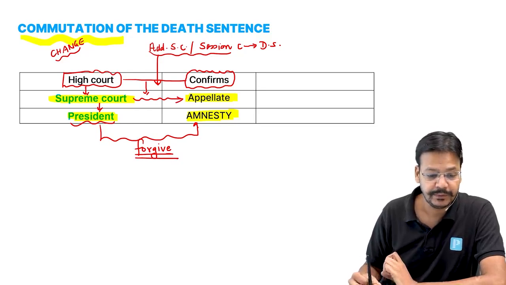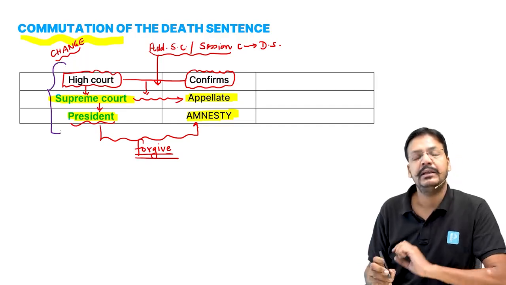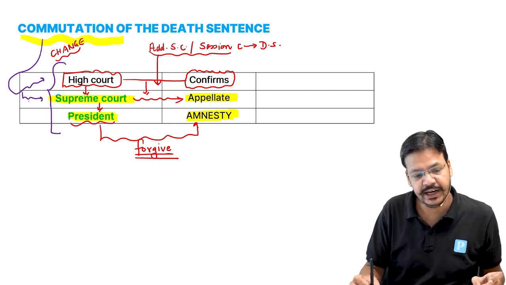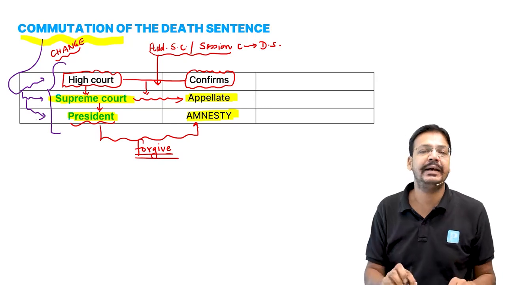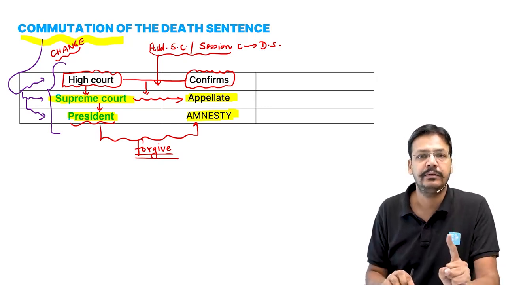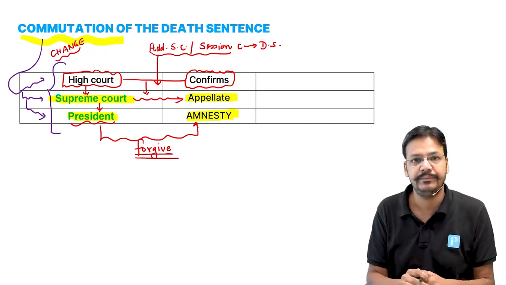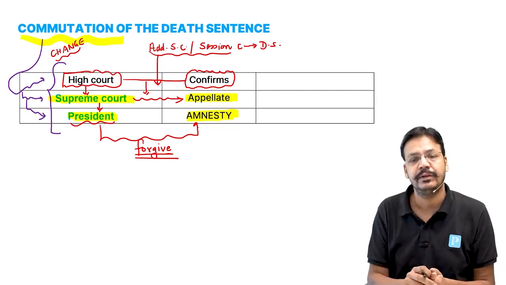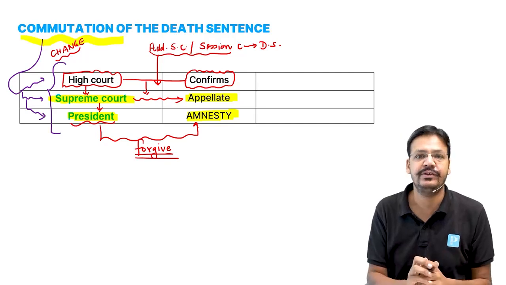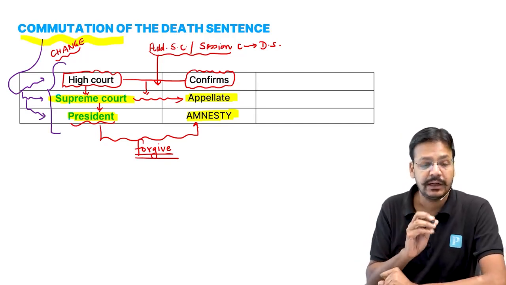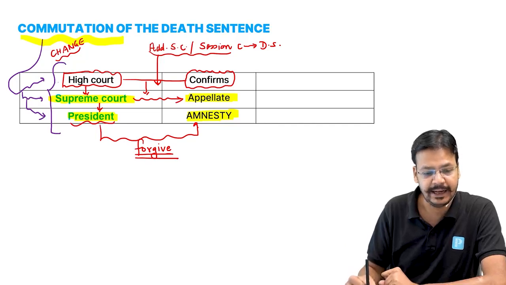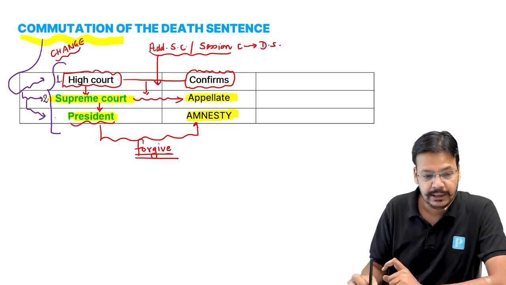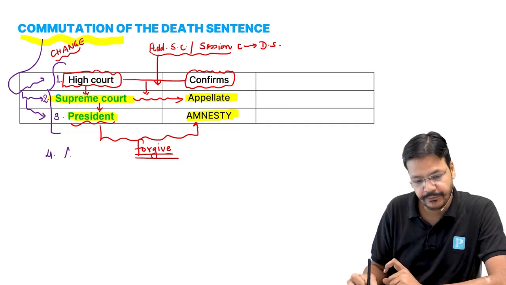Dr. Sahab, don't worry. Here you can see the commutation of death sentence. The commutation or change in the death sentence can be done by three authorities. Number one, High Court, who can confirm or change. Number two, Supreme Court, the appellate court, confirms or changes. Number three, President confirms or changes. So if you get a question, commutation of death sentence is done by number one Supreme Court, number two High Court, number three President, number four all.